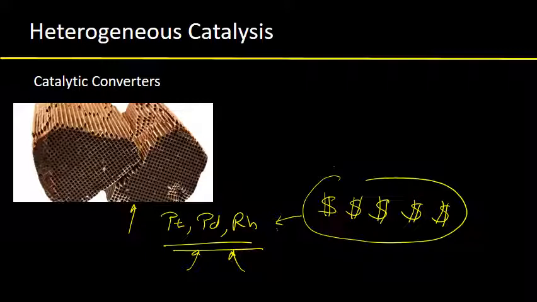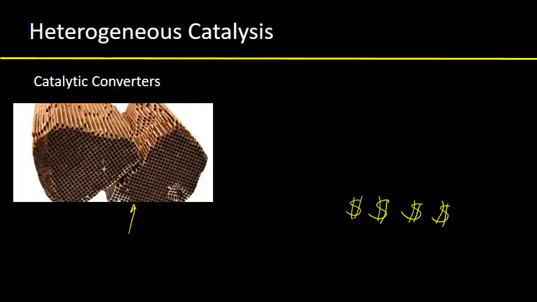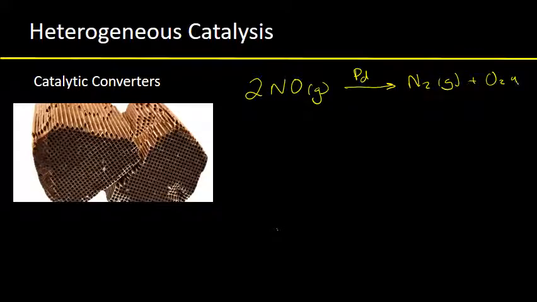And the way this reaction works, just like with the hydrogenation of ethylene, we'll just look at that last reaction, the decomposition of nitric oxide. So that's the reaction that we're looking at.